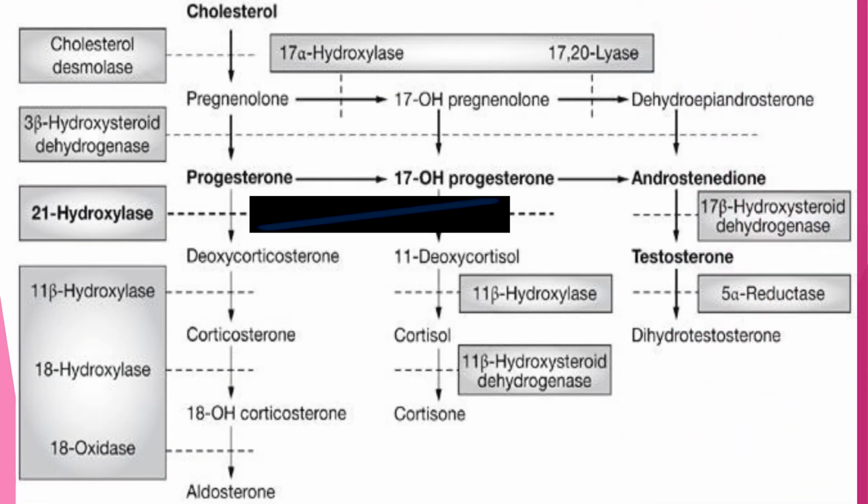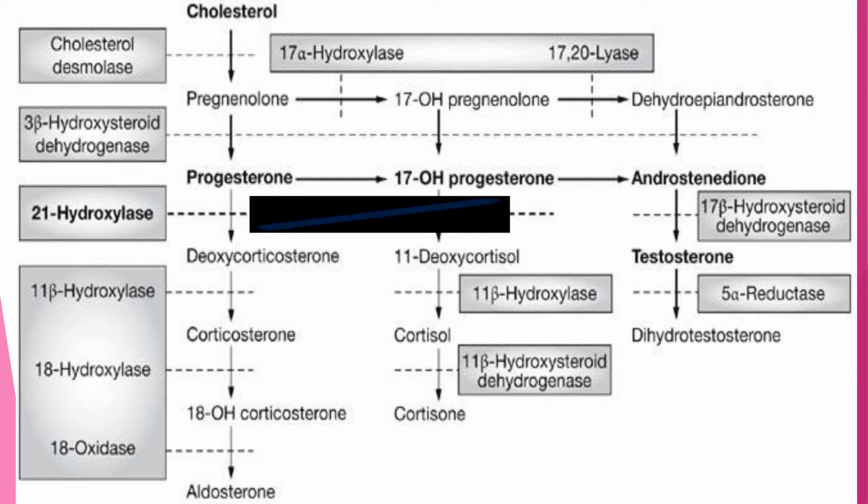When we see 21 hydroxylase deficiency, progesterone is not converted to deoxycorticosterone, and 17-hydroxyprogesterone is not converted to 11-deoxycortisol, which are required for production of aldosterone and cortisol. So progesterone and 17-hydroxyprogesterone are increased in amount, whereas deoxycorticosterone and 11-deoxycortisol are decreased.